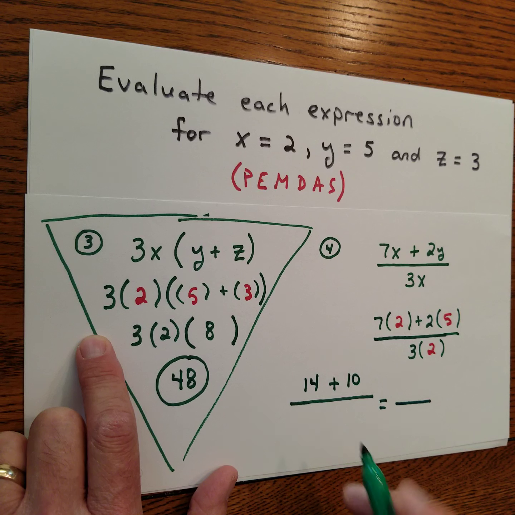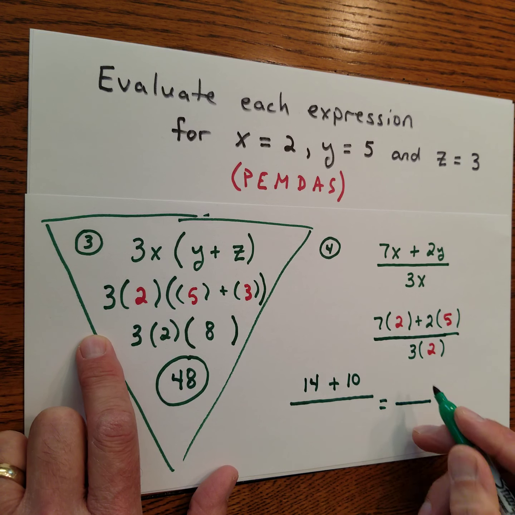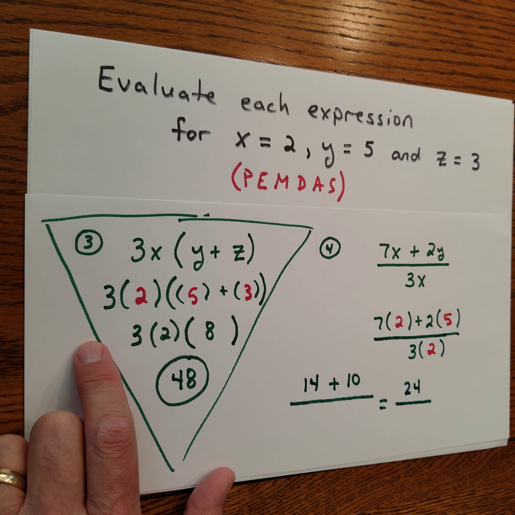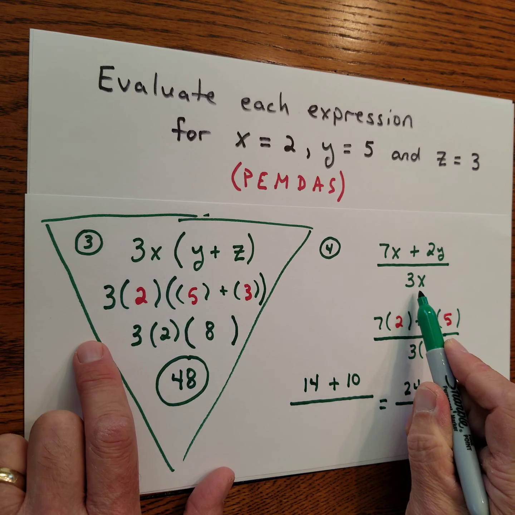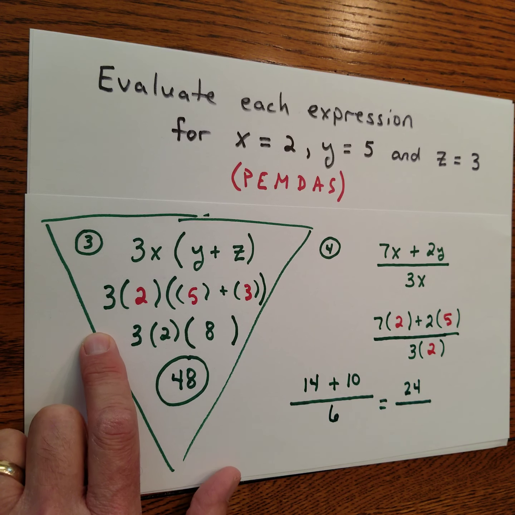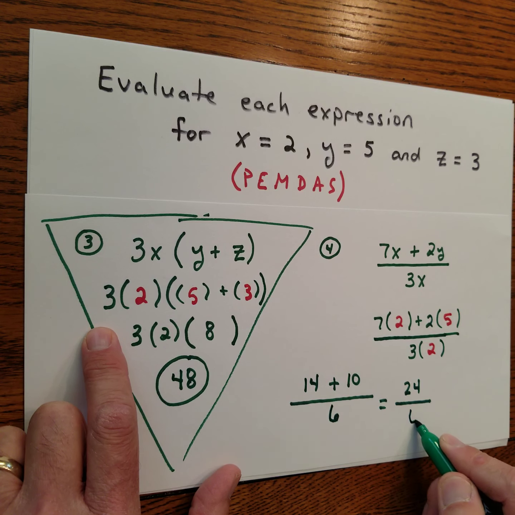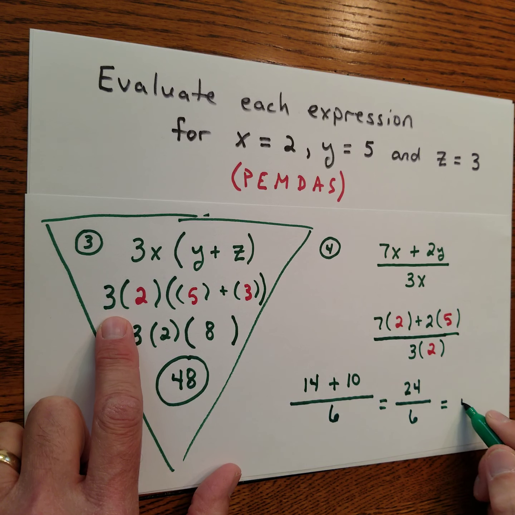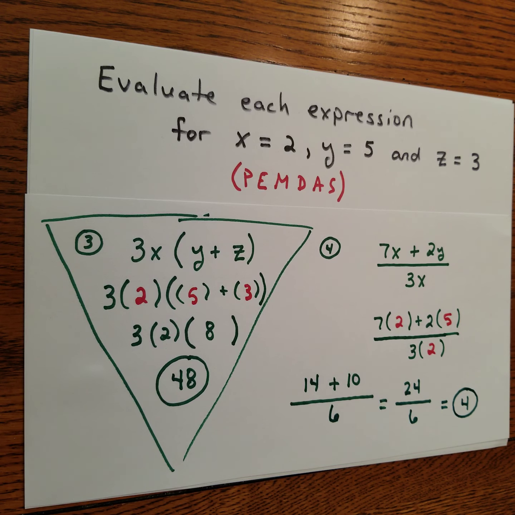Let's go ahead and finish the top group. 14 plus 10 is 24. In the bottom group, all I have is 3 times 2, which is 6. Bring that 6 along. Finally, 24 divided by 6, that's 4, and I'll circle that as my final answer.